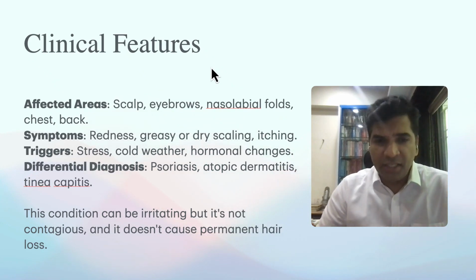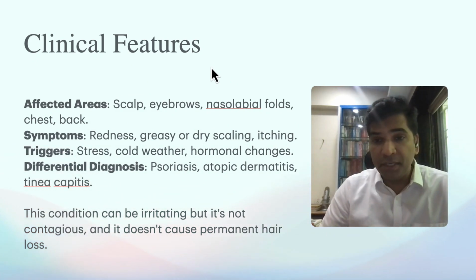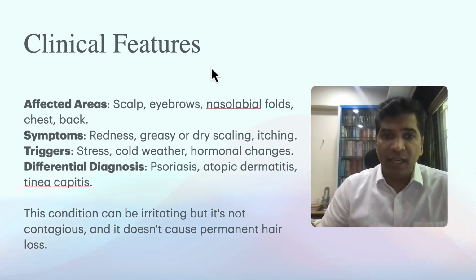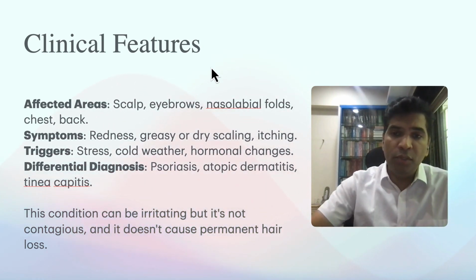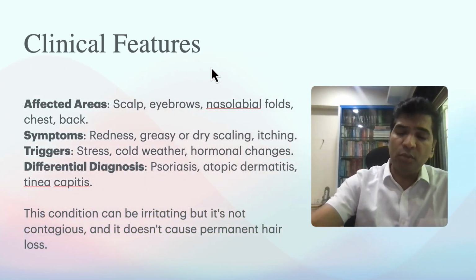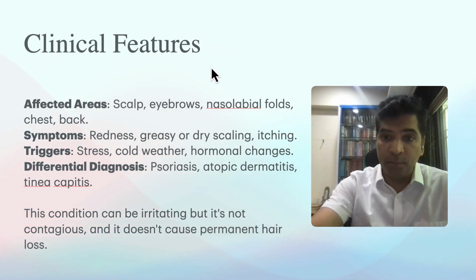This is a very irritating condition, but remember it is not contagious. It doesn't cause permanent hair loss. When a patient has come with hair loss or thinning of hair, and you also see they have seborrheic dermatitis, don't give specific medicines or constitutional medicines for hair loss.